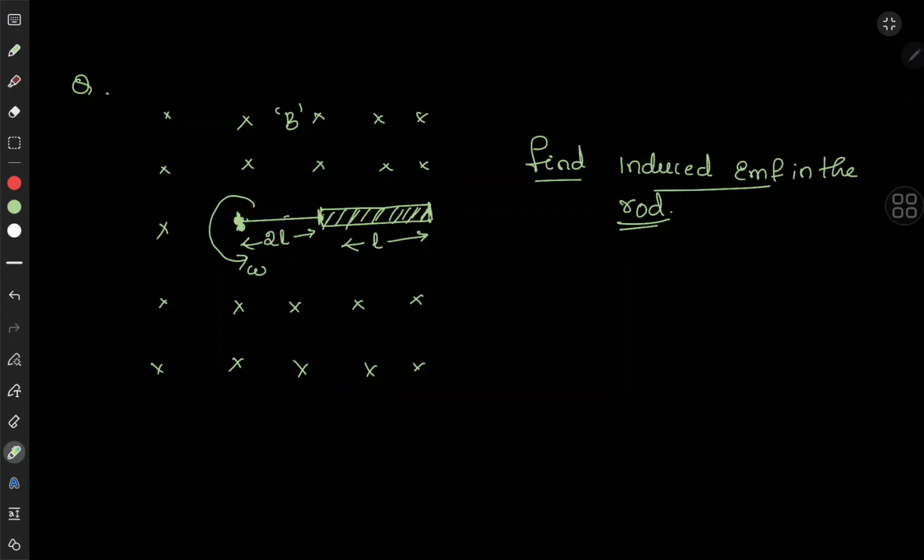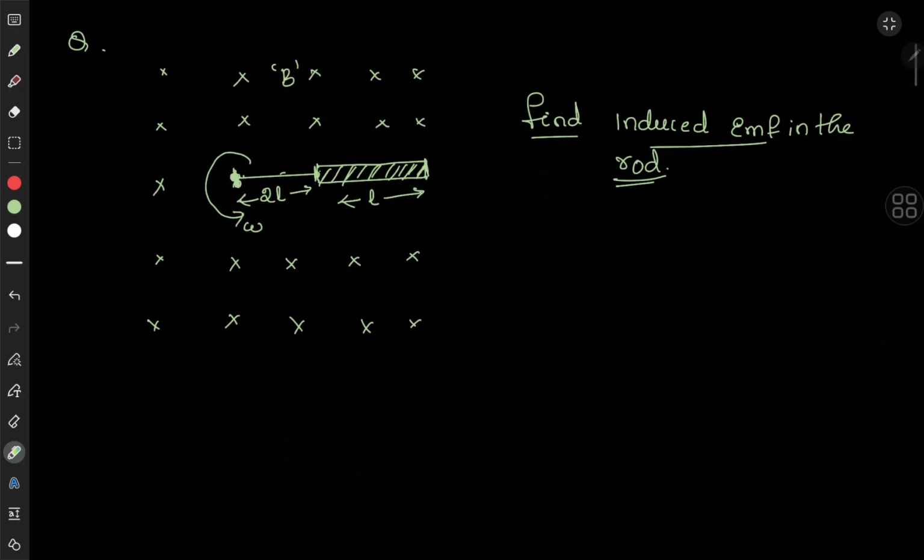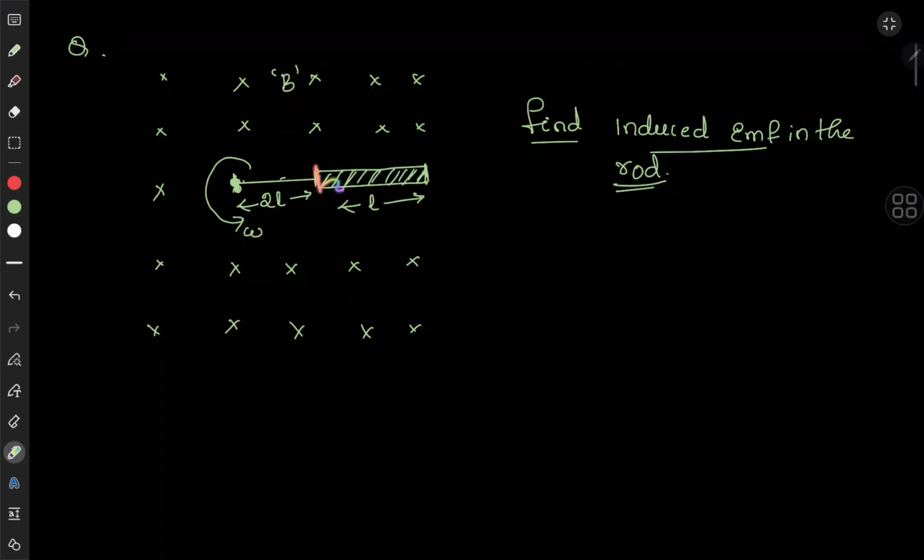The reason for this is that each point has a different velocity. If you consider here, the velocities are not going to be the same as here. So when we do this type of question, we have to calculate the total EMF, because this entire setup is rotating with angular velocity omega.